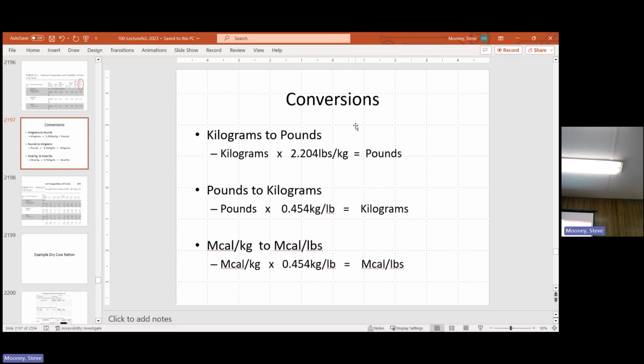Corn gluten feed, corn gluten meal, corn cracked and dry, corn ground and dry, corn steam flaked, grain rolled high moisture, grain ground high moisture, grain and cob dry, grain and cob high moisture. You've got hominy, and then you've got 3 examples of silage at the bottom: immature, normal, and very mature. So we'll be using those as the semester goes on.